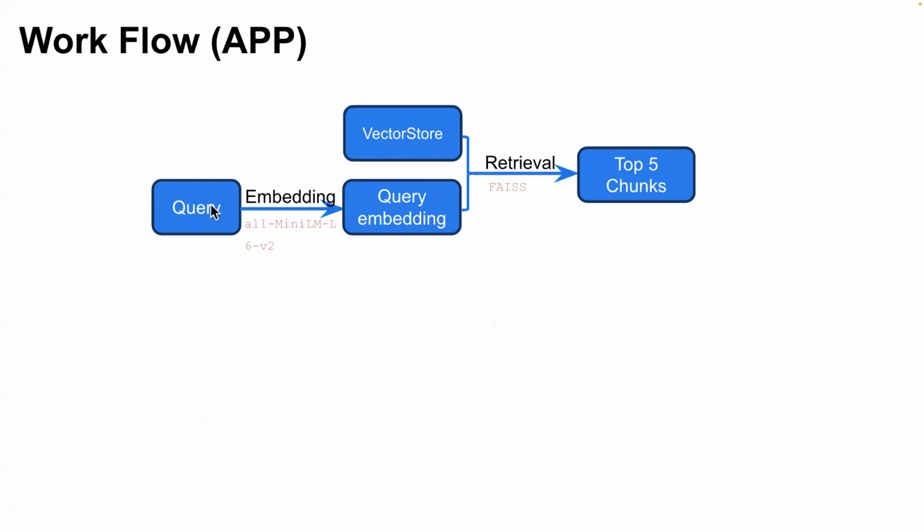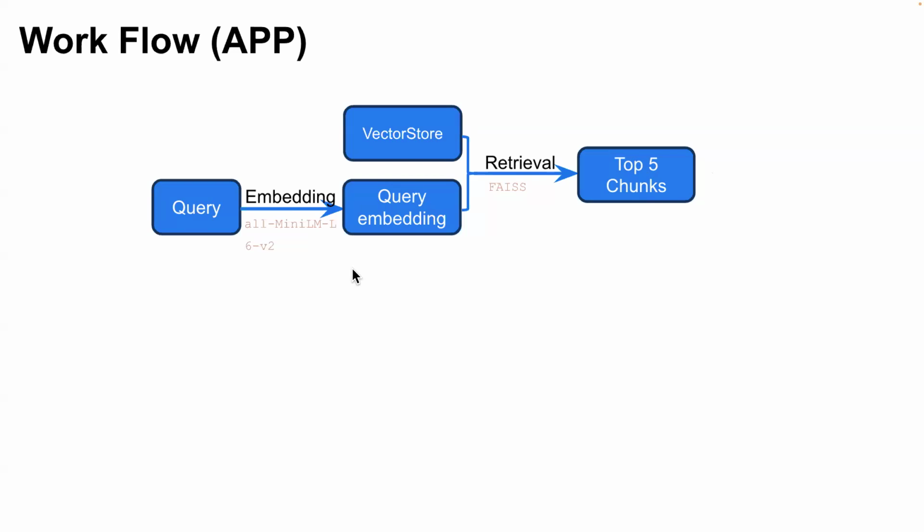When the query comes in, we embed the query with the same model and do a retrieval to return the top 5 chunks. Since each chunk represents a product, because we didn't chunk any product apart, this represents the top 5 products most relevant to the query.